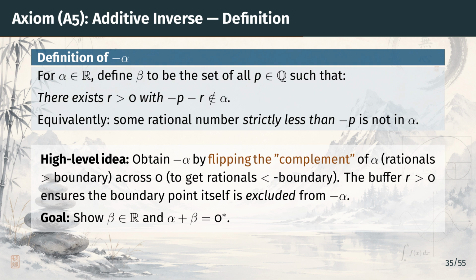This is why the definition introduces a positive buffer R. By requiring minus P minus R to be outside alpha, we force minus P to sit strictly beyond the boundary, not on it. So P is in beta exactly when some rational strictly less than minus P fails to be in alpha. This beta is the additive inverse of alpha, denoted minus alpha.